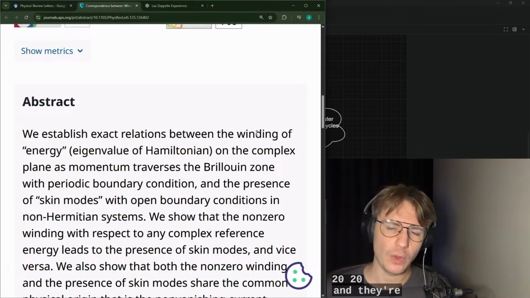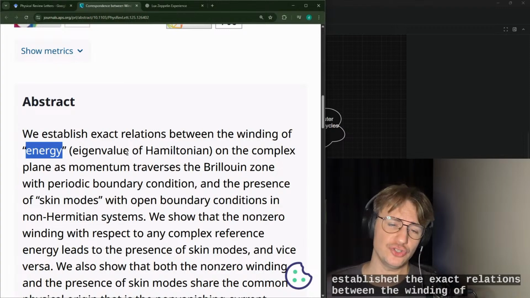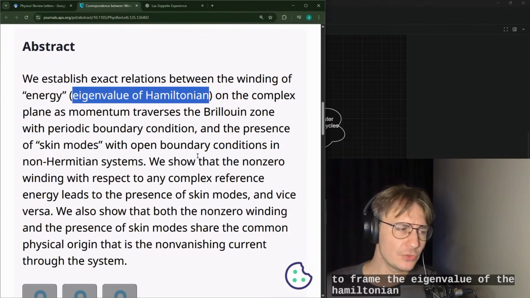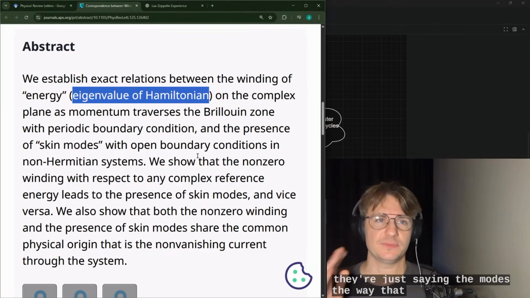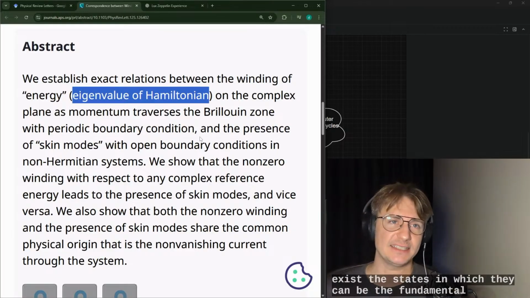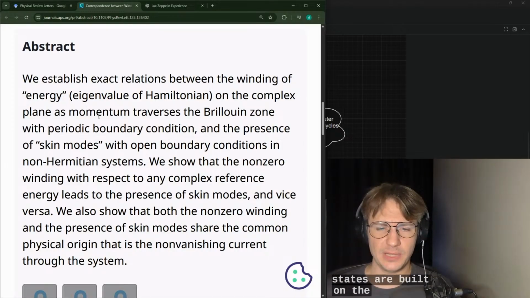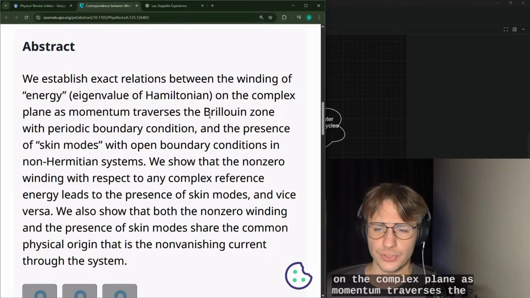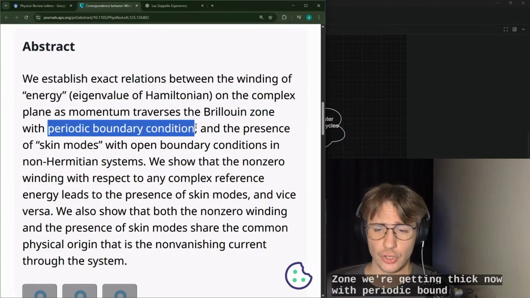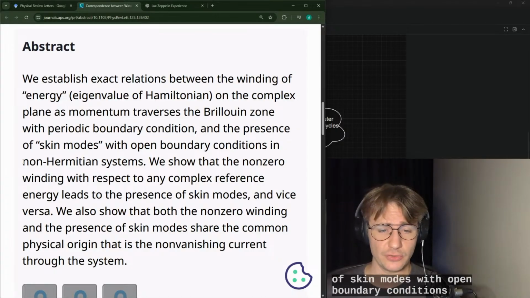And they're calling it a winding of energy. We established the exact relations between the winding of energy, which is another way for them to frame the eigenvalue of the Hamiltonian. They're just saying the modes, the states in which these systems can be, the fundamental axes from which all of its other states are built, on the complex plane, as momentum traverses the Brillouin zone with periodic boundary condition, and the presence of skin modes with open boundary conditions in non-Hermitian systems.